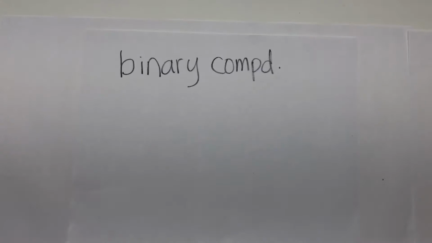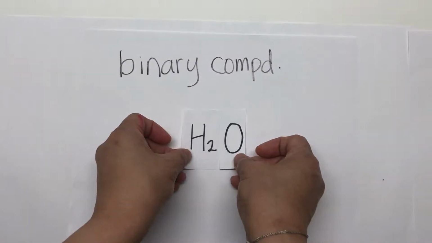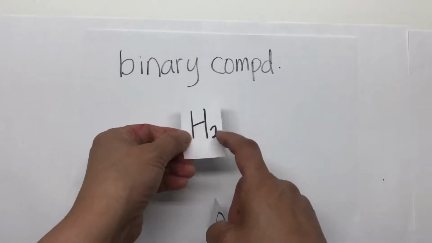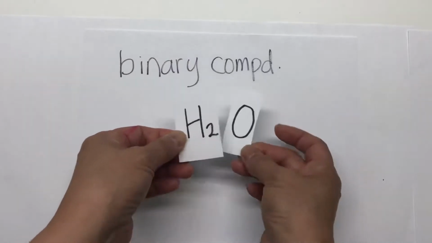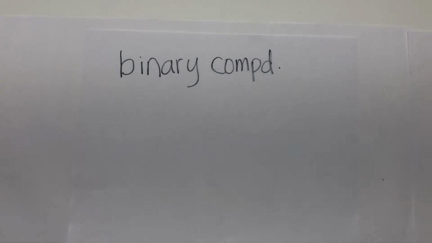Whether they are covalent or ionic doesn't matter. It doesn't matter how many atoms are in each element, they're just two different kinds of element. Those are binary compounds.